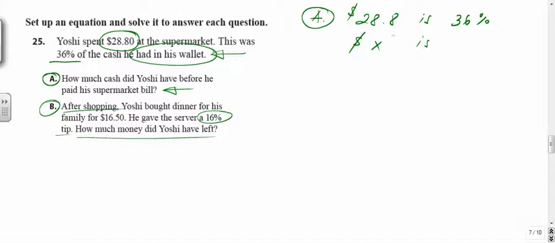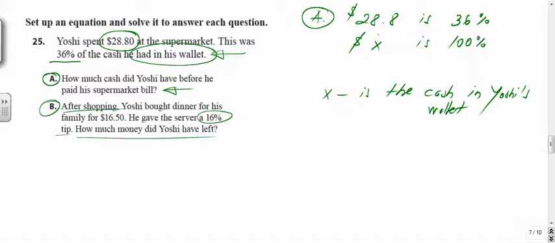Well, if 28.8 was 36% of whatever cash, and we can say X is the total cash, or is the cash in Yoshi's wallet. Okay, X, that cash is actually 100%.